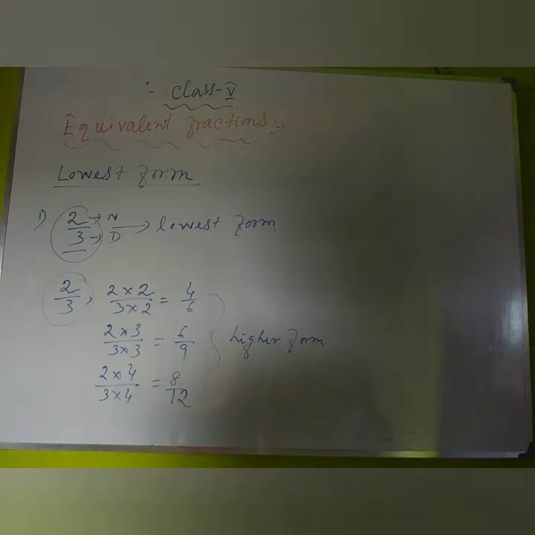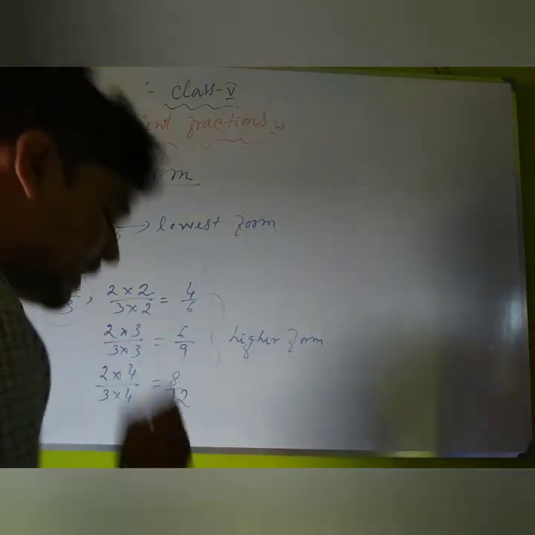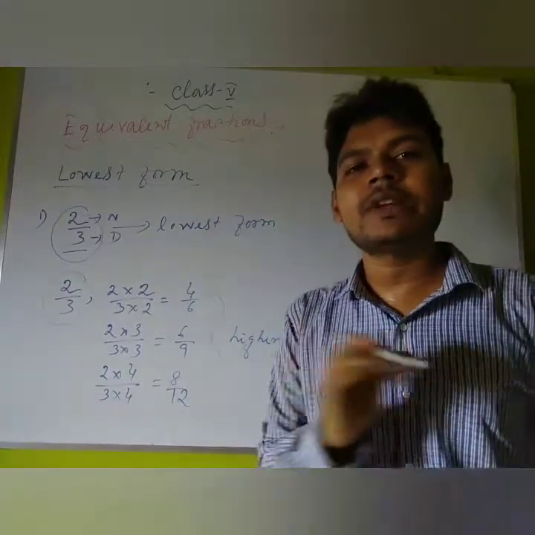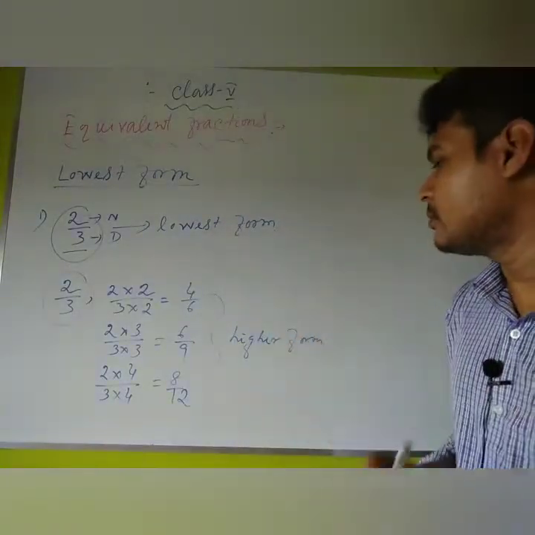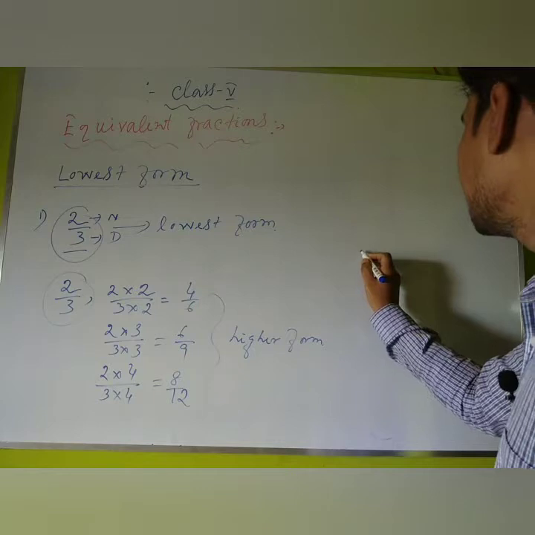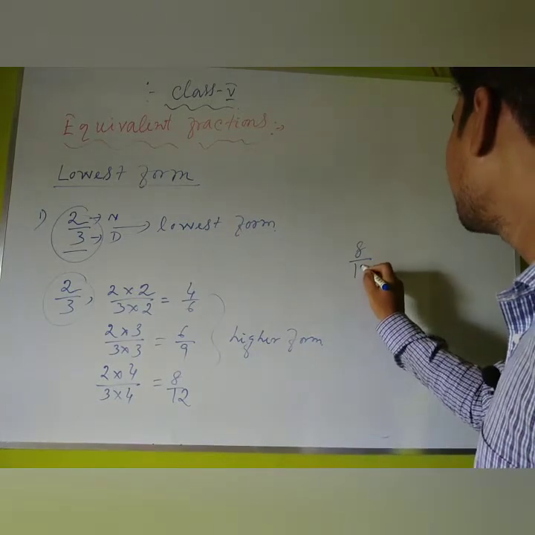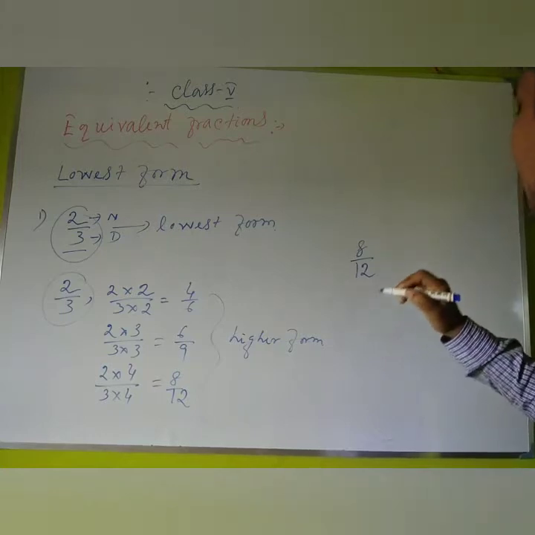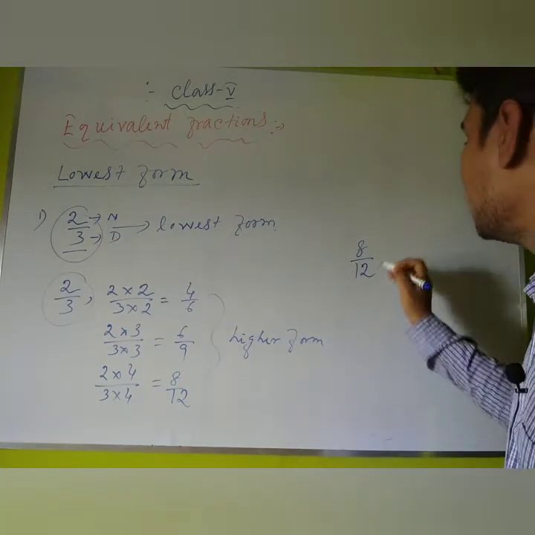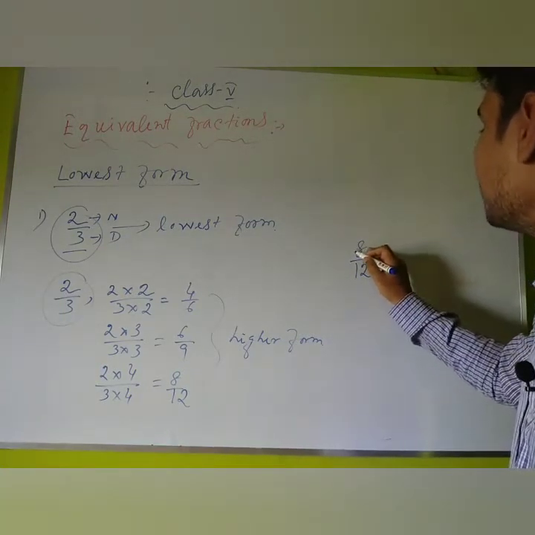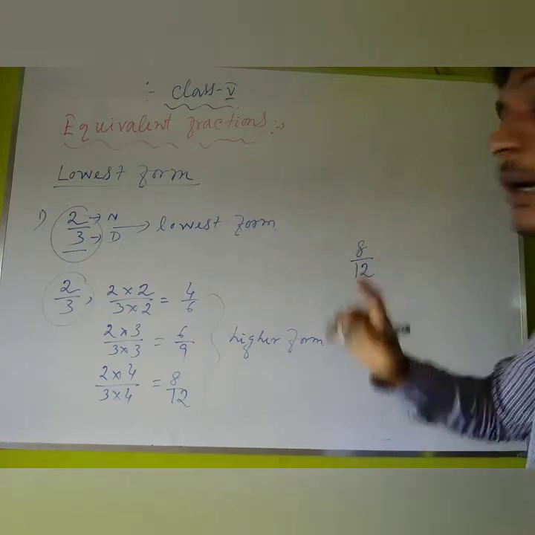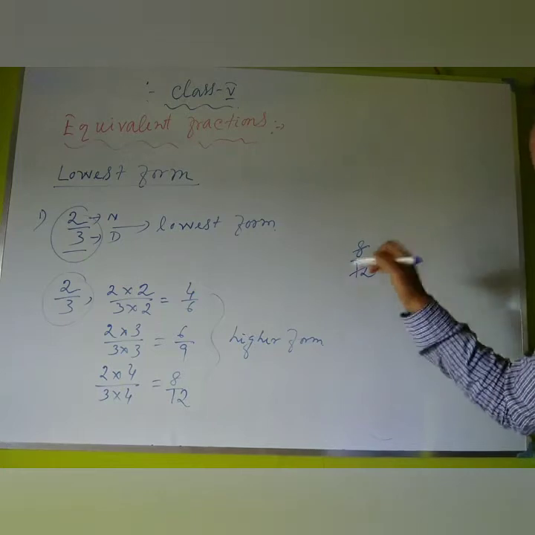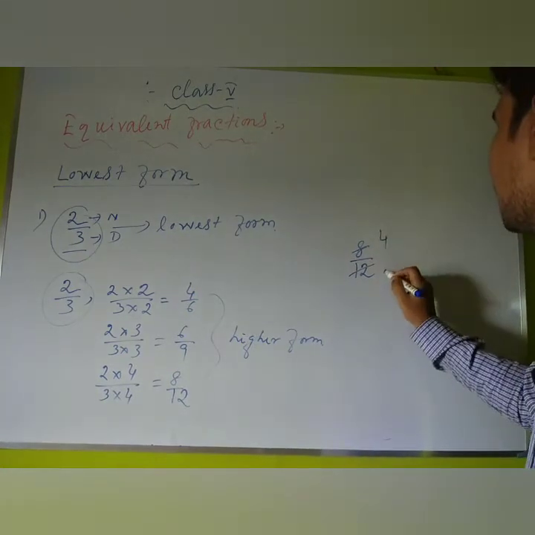Now, if any of these higher forms is given in the exam and it is said to write this fraction into the lowest form, then how do you write it? Such that if 8 by 12 is given, you divide both the numerator and denominator by the common factor. At first, both are divisible by 2, giving 4, 6.